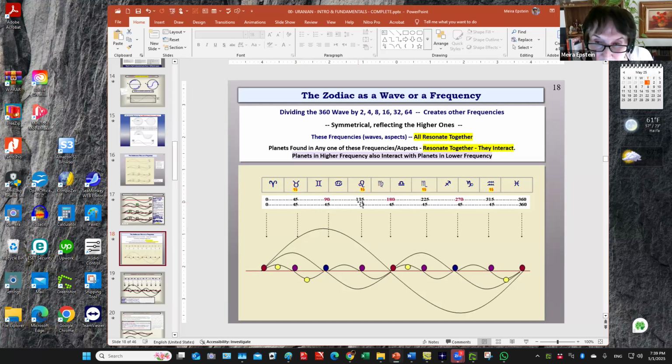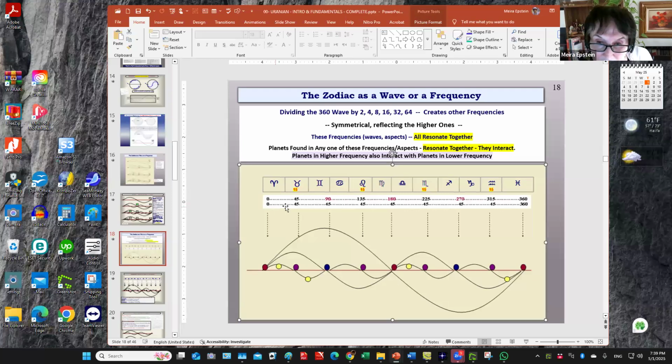Now here's the next quadrant, another 45, and that's 15 Leo. Another 45, and that's Scorpio. Another 45 is Aquarius. So you see the advance by 45. This line here is a sequence of 45. So a planet in any of these positions, one can be at 15 Taurus, another one can be at 15 Leo, another one can be at 15 Aquarius.